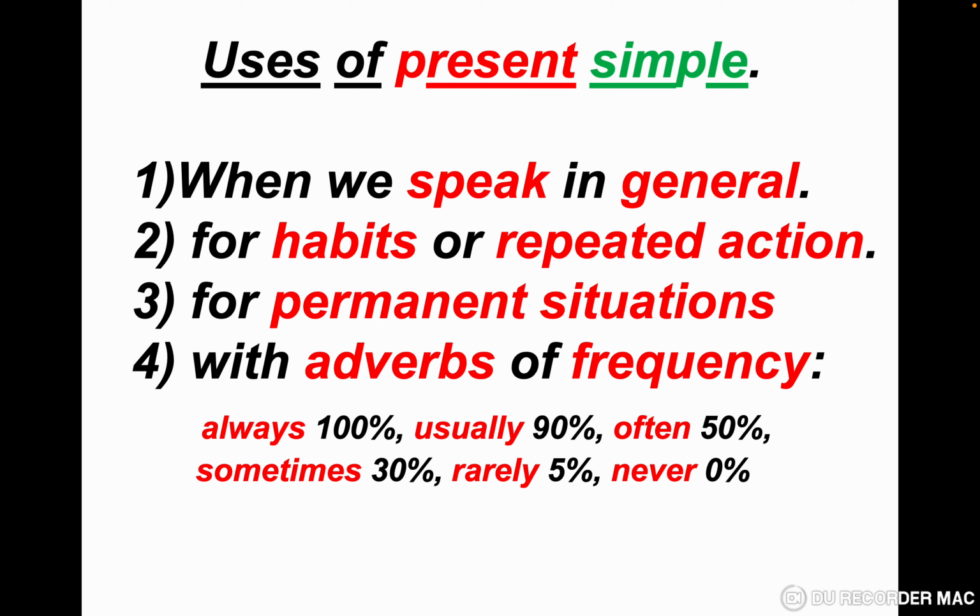And for habits or repeated action, for example, I get up at 7 o'clock, so it's a repeated action. Or for permanent situations, for example, I live in Spain for a long time. And we use it also with adverbs of frequency, like always, usually, often, sometimes, rarely, and never. Let's continue.